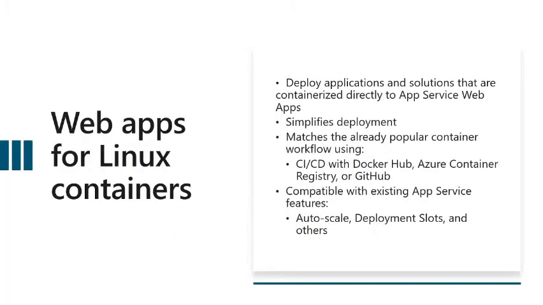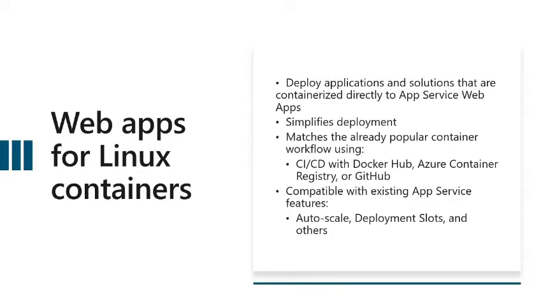Same way, web apps for Linux containers. Web App for Containers provides built-in Docker images on Linux with support for specific versions such as PHP or Node.js, let's say PHP 7.0 or Node.js 4.5.